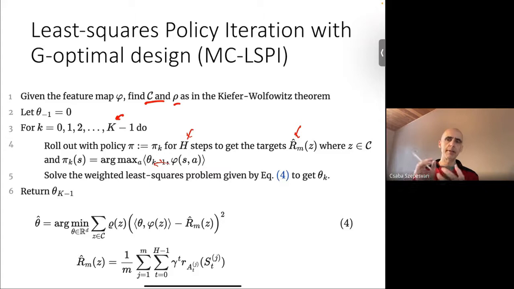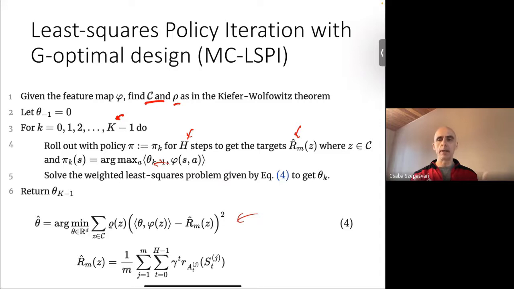And you're doing the rollouts with the greedy policy with respect to the previously obtained parameter vector. So the policies are always implicitly represented as the greedy policies with respect to the action value function whose parameter we estimated in the previous iteration. And then once you collect all this data, you just solve this least squares problem to get the next parameter vector and then iterate, and then return the parameter vector that you obtain at the end.